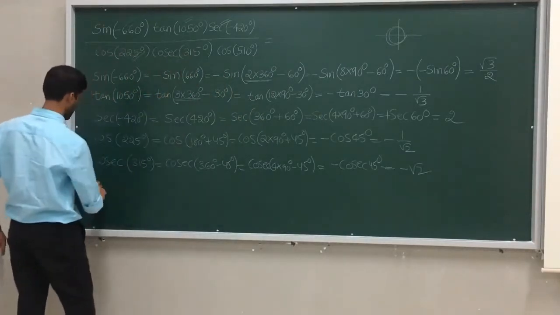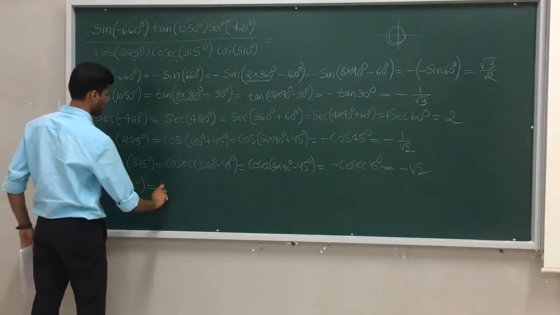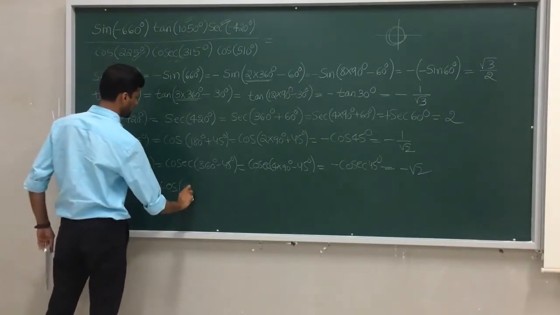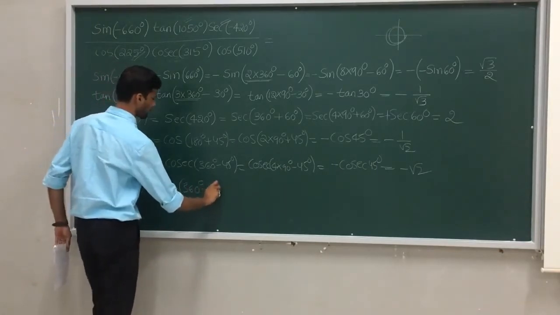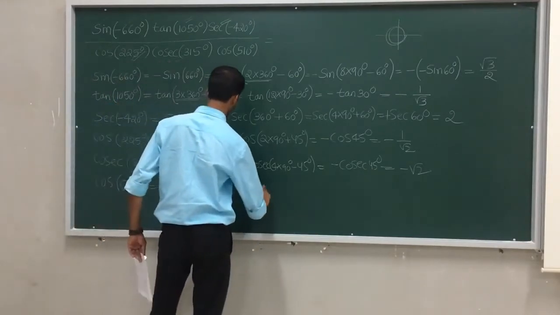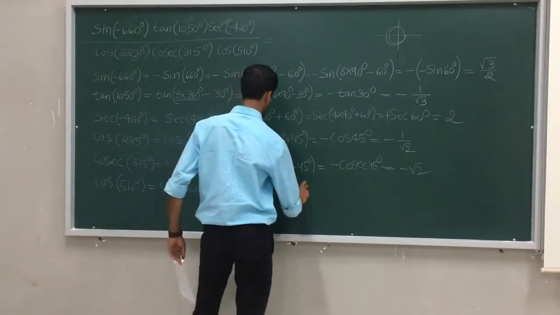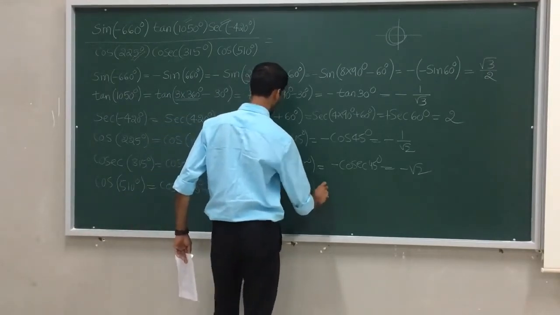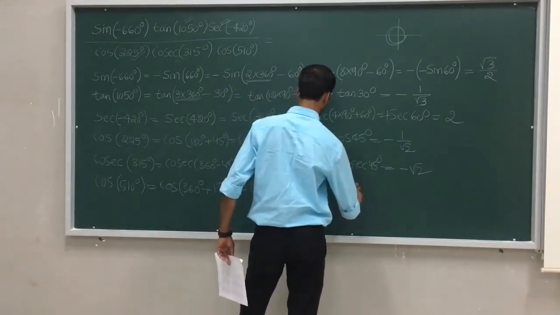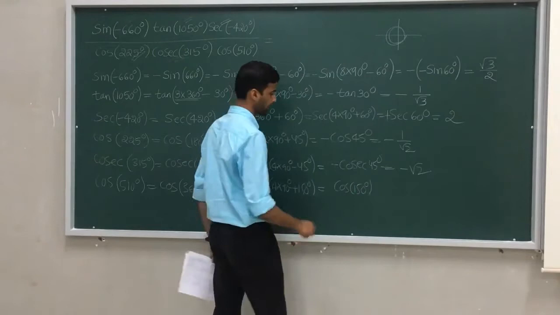So we'll end up with the last term, that is cos of 510 degree. You write it as cos of 360 degree plus 150 degree. Next, write it as cos of 4 times 90 plus 150 degree. 4 is even, therefore function will remain function. Cos of 150 degree. Now I will need to find cos 150 degree for the simplification.